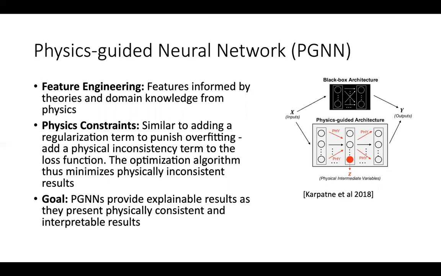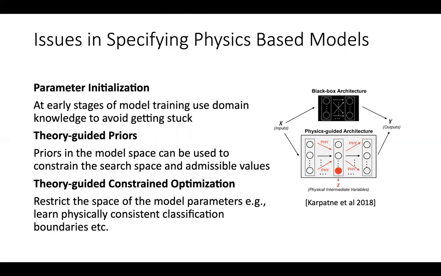So for example, let's say we add a regularization term to punish overfitting, what is known as the physical inconsistency term. So when you optimize, physically inconsistent results, and we'll look at an example of that shortly, are minimized. So the goal is to have a model which is readily interpretable and also does not violate constraints in the real world.